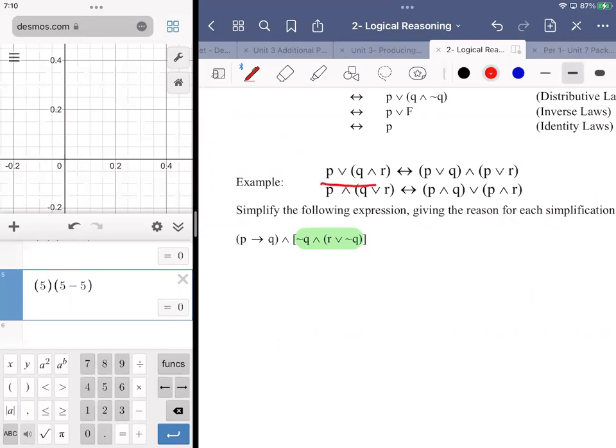So it looks like it's this one, except we have to match it to what we have. It looks like P is taking on the role of not Q in this law. R is taking on the role of Q, and not Q is taking on the role of R.